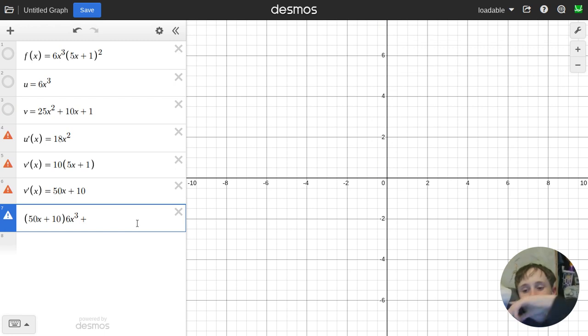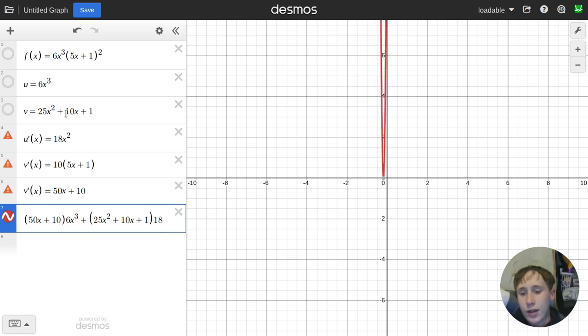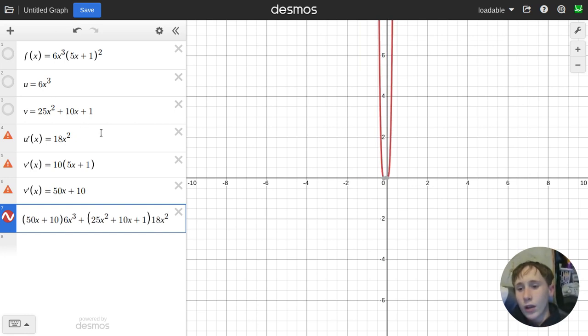And then we have our u prime and v prime. So 25x squared plus 10x plus 1 times u prime, which is 18x squared. So we have all our numbers here. I believe that's right. If not, then I'll just do the problem over again whenever it says I'm wrong.